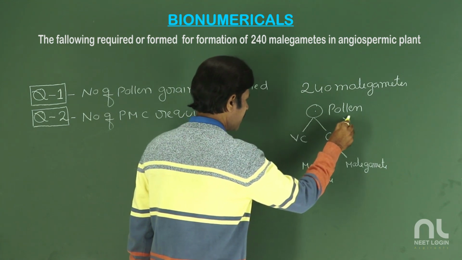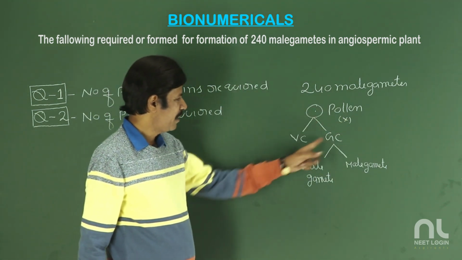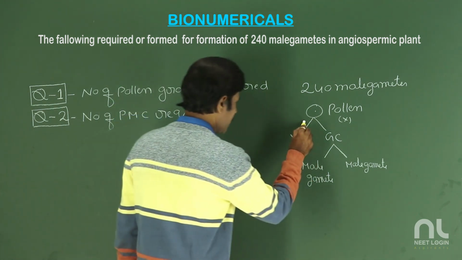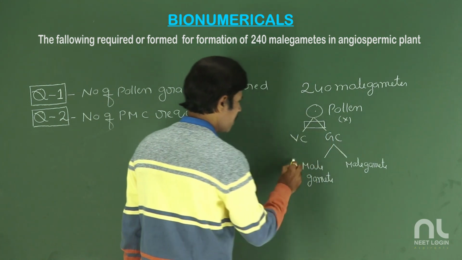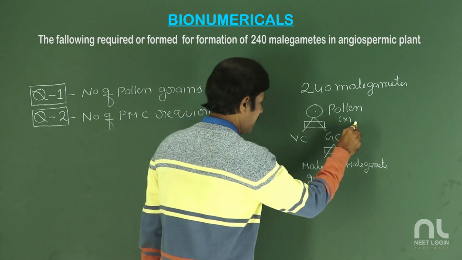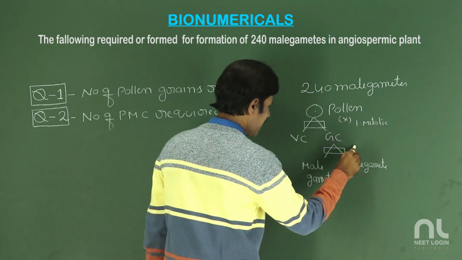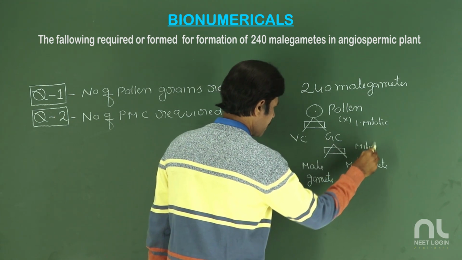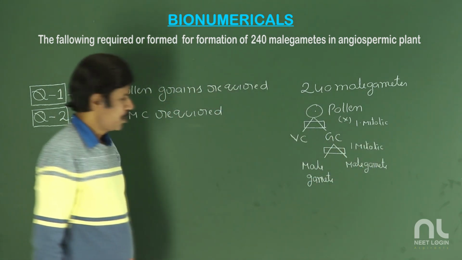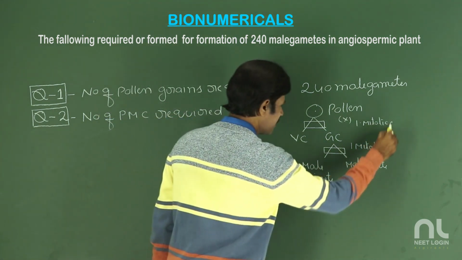The pollen grain is haploid. So one pollen grain divides to form two male gametes. Here one spindle apparatus is formed, one mitotic division. Here another mitotic division. So for formation of how many male gametes? Two male gametes.